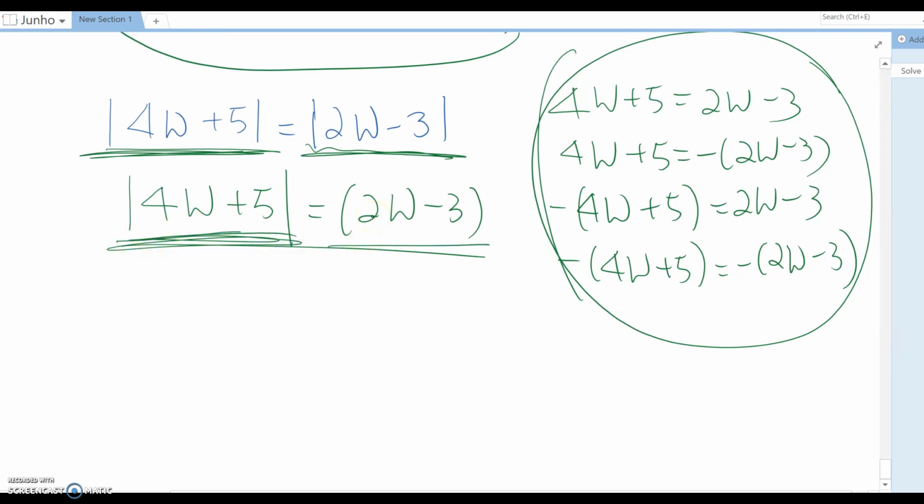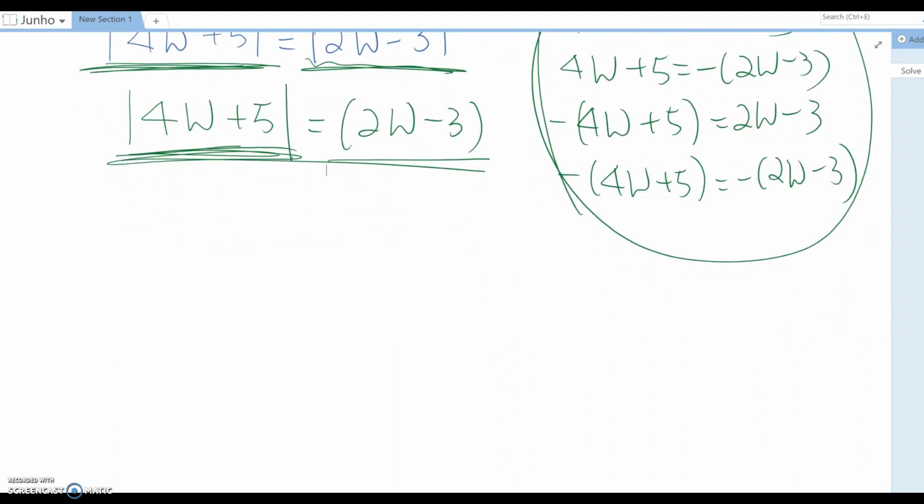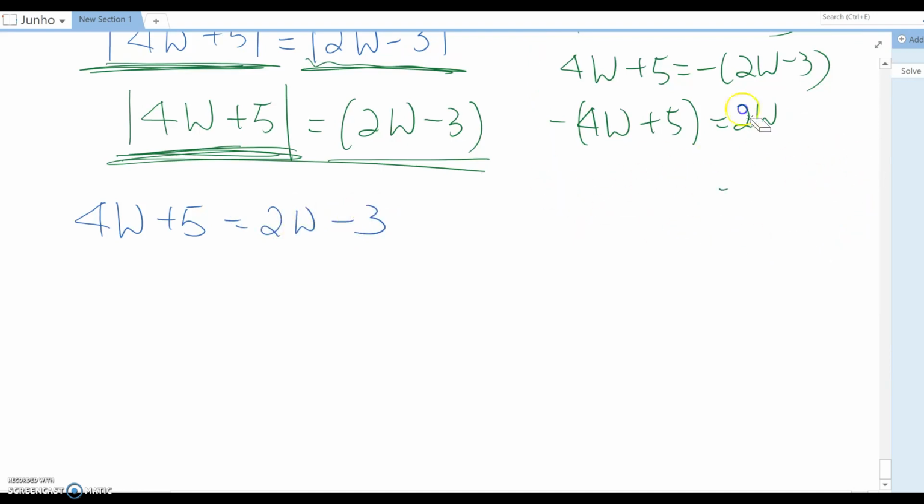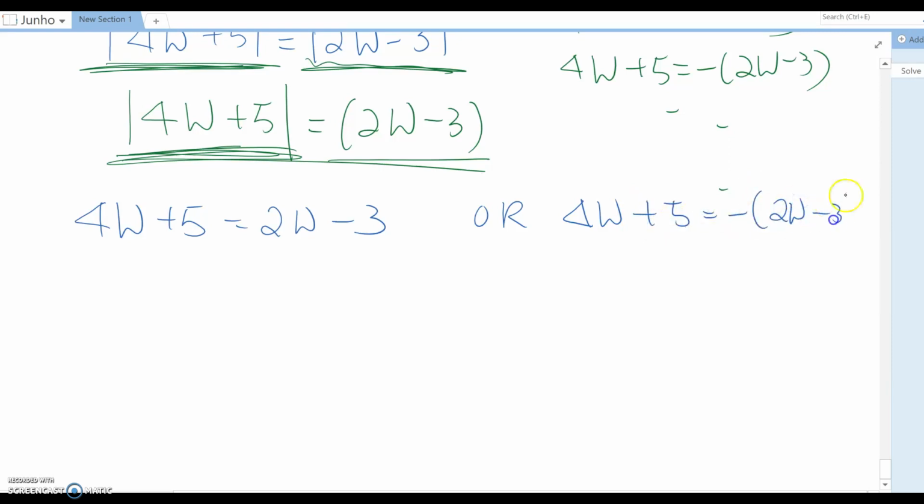Then you can make this equation 4w + 5 = 2w - 3, or 4w + 5 = -(2w - 3). So then it becomes just a general equation.